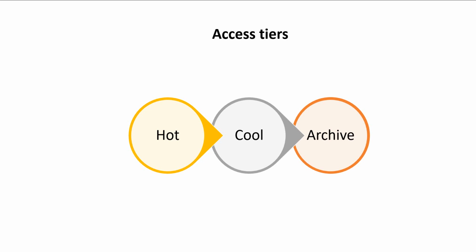The cool tier is optimized for storing data that is infrequently accessed and stored for at least 30 days. The archive tier is optimized for storing data that is rarely accessed and stored for at least 180 days, with flexible latency requirements on the order of hours.